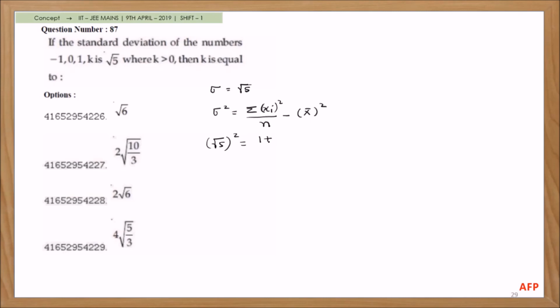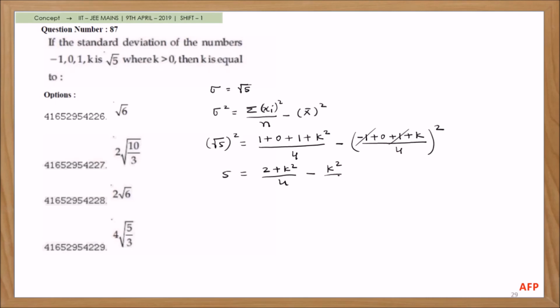So summation of xi square: minus 1 square is 1, 0 square is 0, 1 square is 1, next k square is k square, whole divided by the number of observations, which is 4. Next, the mean square: minus 1 plus 0 plus 1 plus k whole divided by 4, whole square. 5 is equal to 2 plus k square divided by 4 minus, minus 1 plus 1 gets cancelled, so k square by 16.